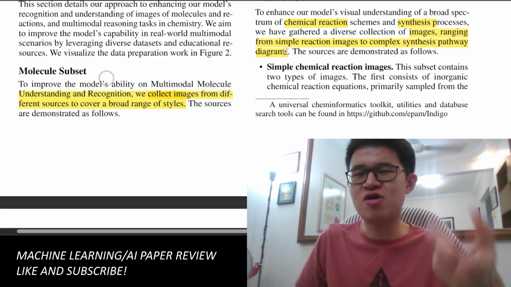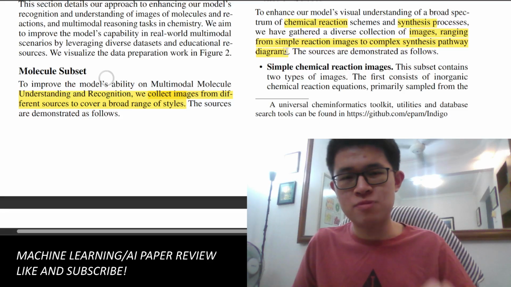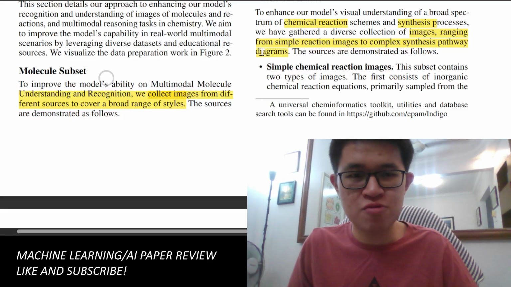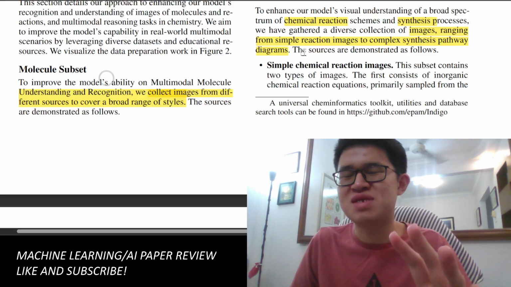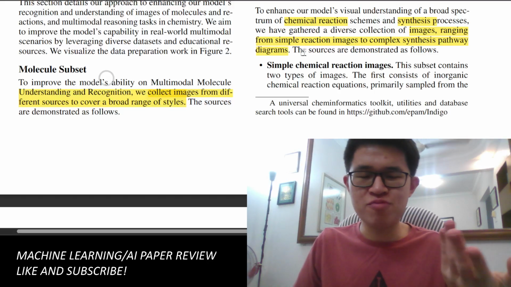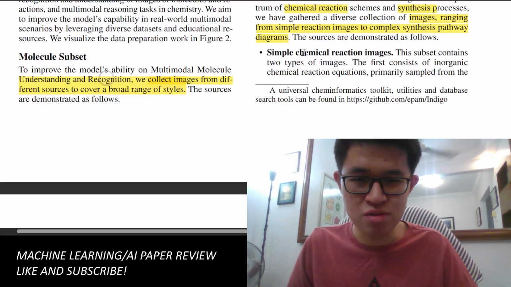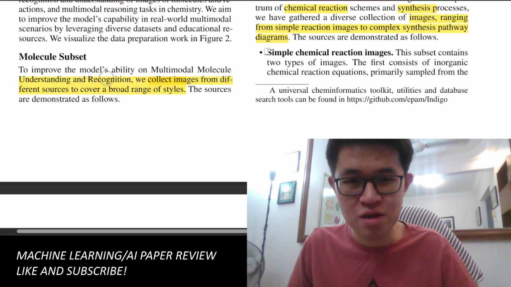It typically requires a series of different steps, right? So if we can get the LLM to understand the synthesis pathway, it would be actually useful. So let's go ahead and cover this.